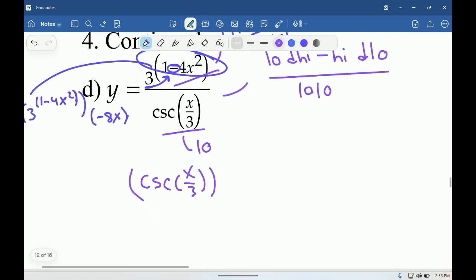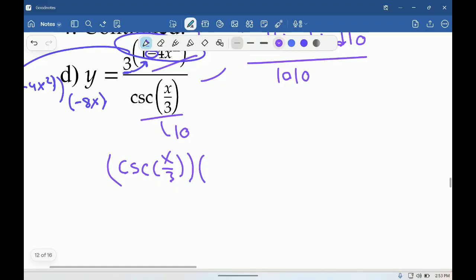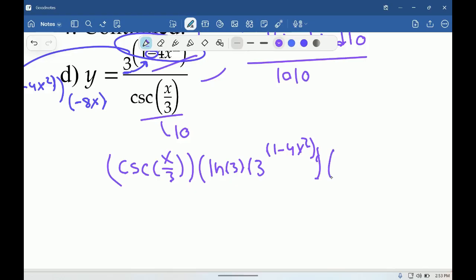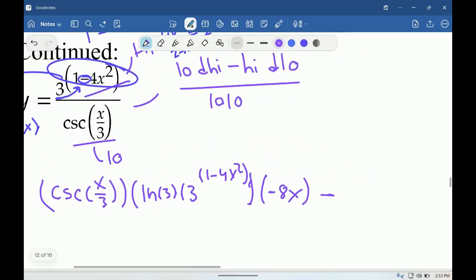We're going to write that down over here. This is going to be ln 3 elevated to the 1 minus 4x squared times negative 8x. We're done with the first part of this.